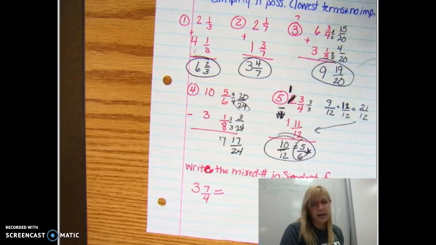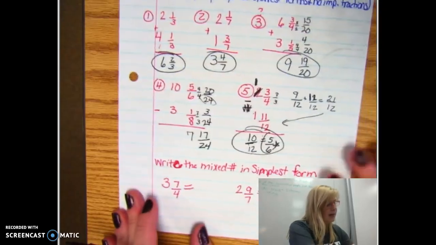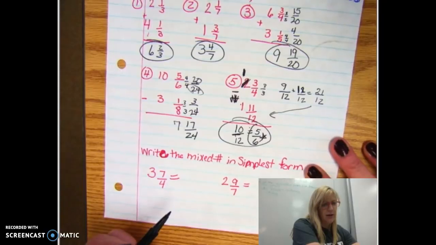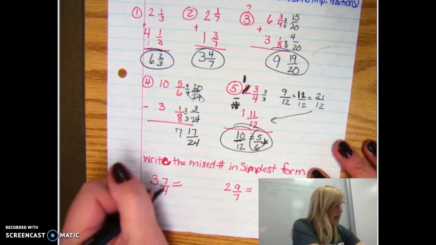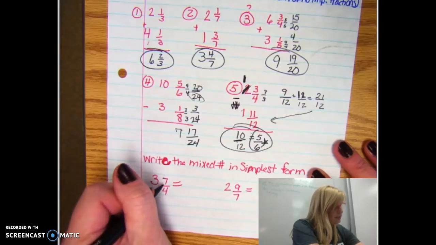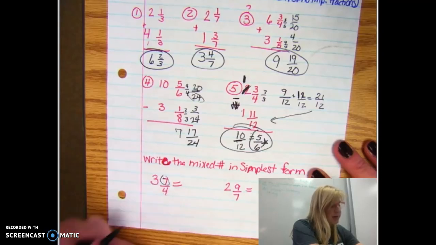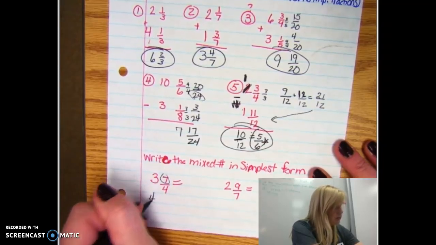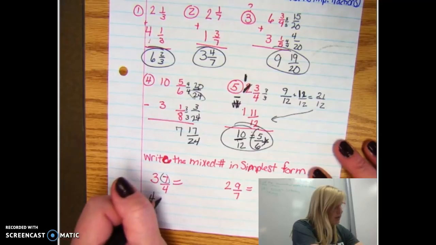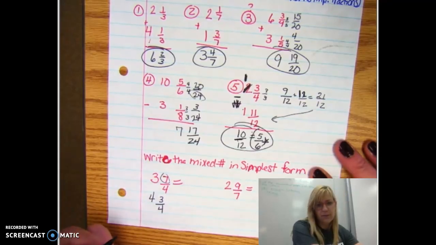The other kind of answer you might get is you might end up with a sum that equals 3 7/4. If the numerator is bigger than the denominator, you know you can pull another 1 out of it. So here I know it's going to go up to a 4, and then I'm going to have 3/4 left over.